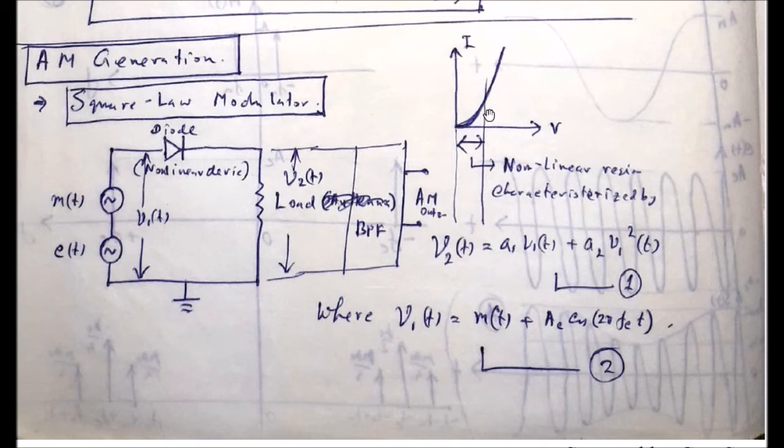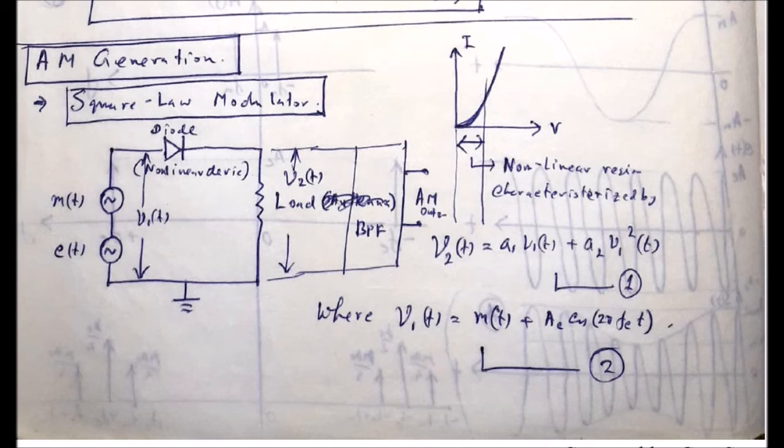Almost after a certain value, it will become linear, sharply increasing linear. But within this region, when the V value is not very large, this region will contain the nonlinear graph. See that it is the nonlinear region of the characteristics when the V values are not very high. Suppose 0.5 volt or 0.6 volts or up to 1 volt. Suppose up to 1 volt you can have this kind of nonlinear characteristics, but after that this exponential rise is so sharp, you can consider it as a linear region.